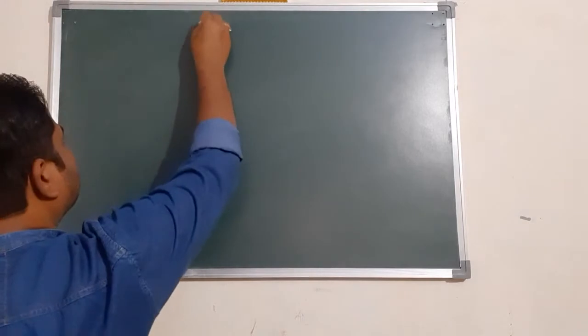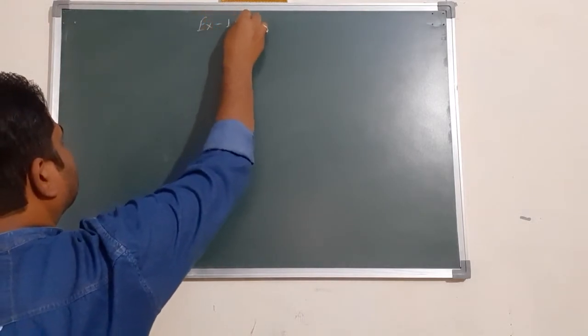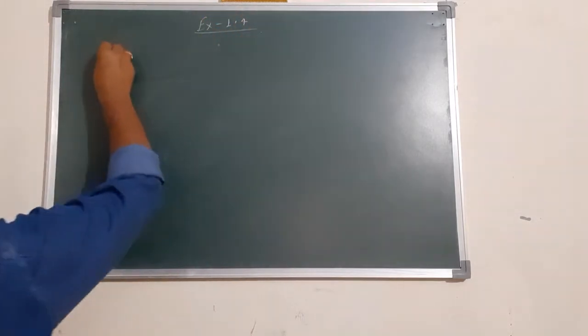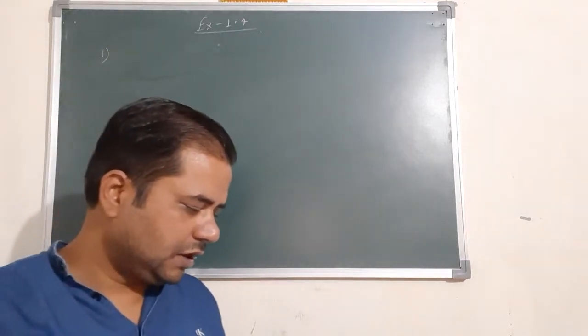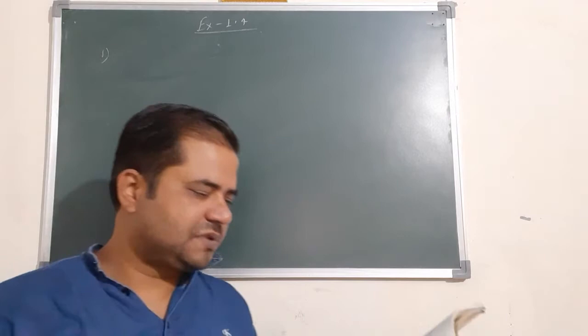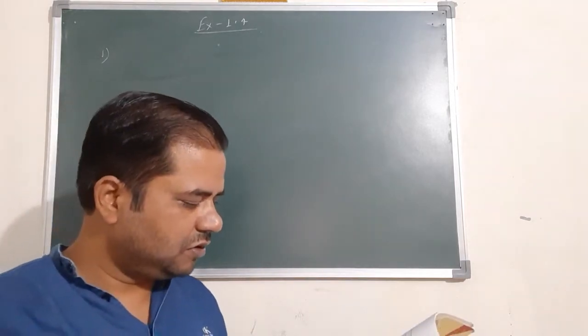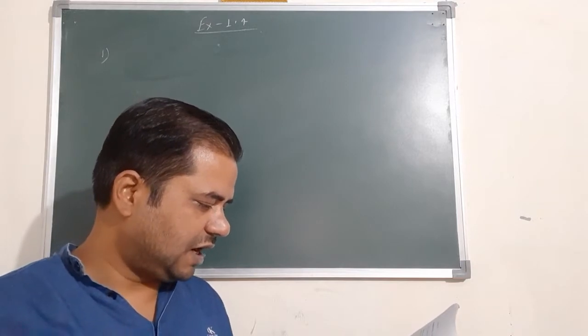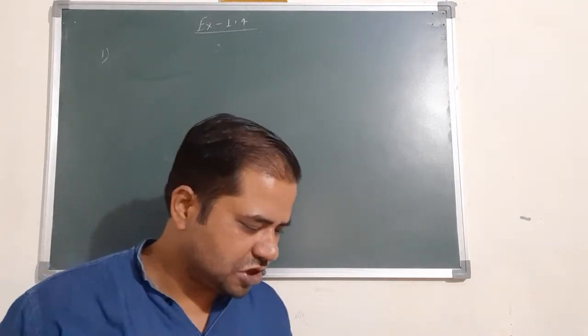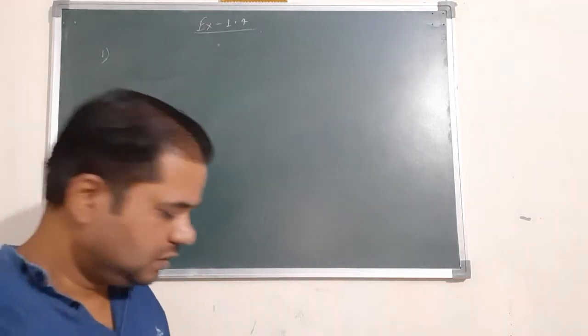See exercise 1.4 from the NCERT. First question: determine whether or not each of the definitions of star given below gives a binary operation. In the event star is not a binary operation, give justification for this.